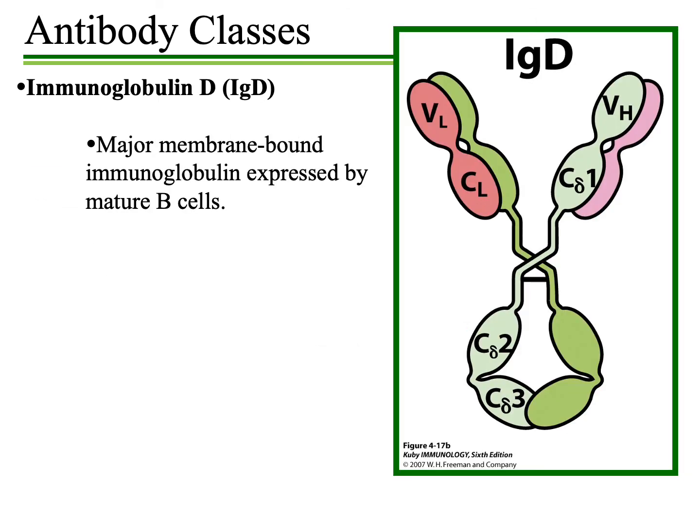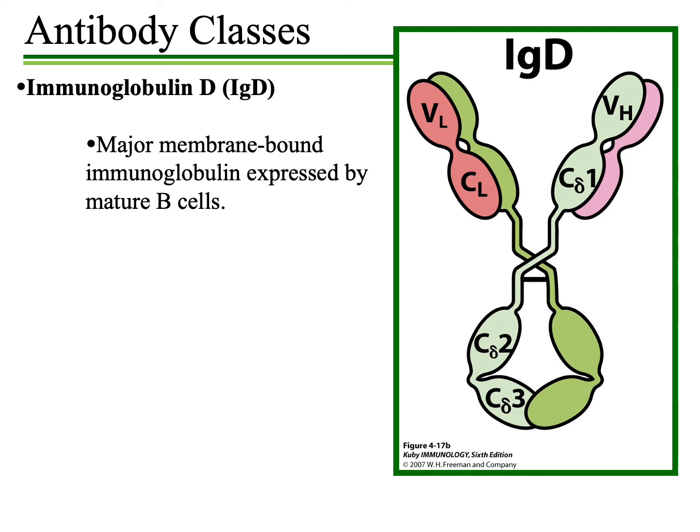The fifth and last class of antibody is known as IgD, and IgD is found in only very small amounts in serum. Because there's so little of this particular antibody found, we don't necessarily know the entire function of IgD.